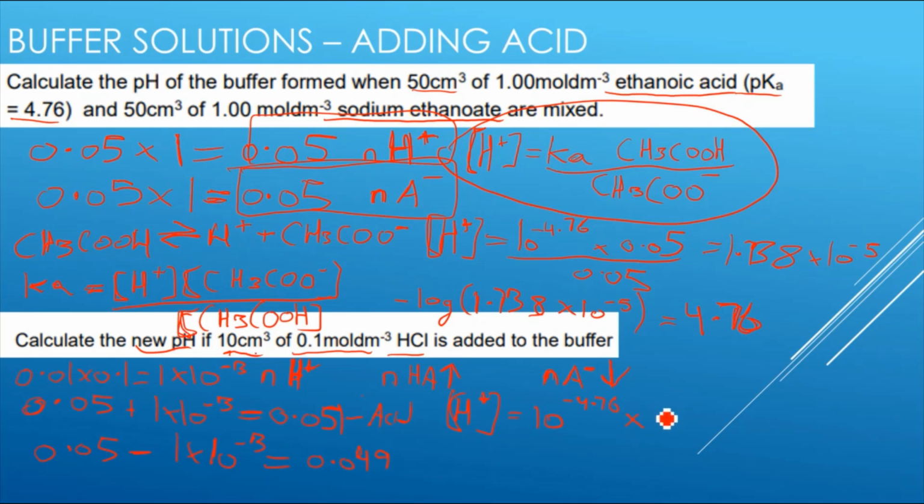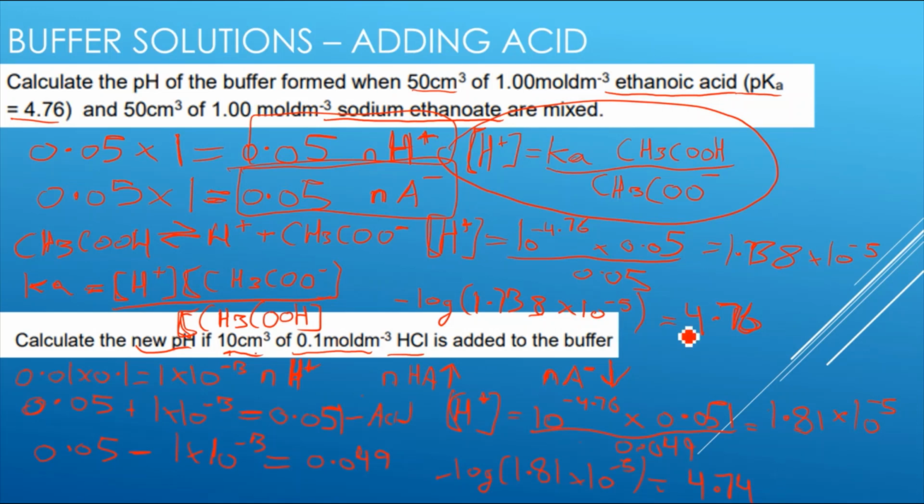And then it would be 0.051, because the moles of the acid goes on the top, and the moles of the ethanoate ions would go on the bottom, and we would get the concentration of H+, which becomes 1.81 times 10 to the power of minus 5, and if I minus log that to base 10, I would get the pH to 2 decimal places, the new pH being 4.74.